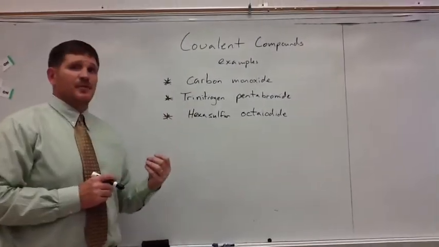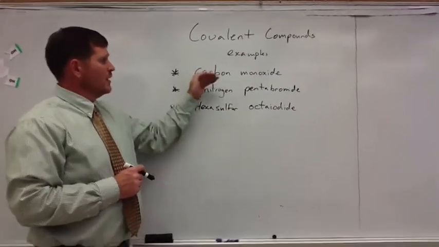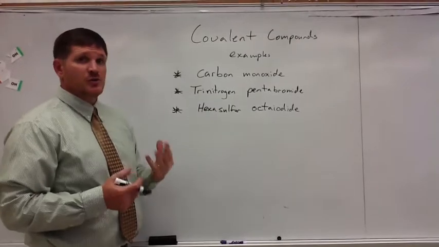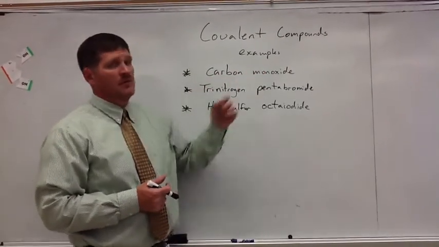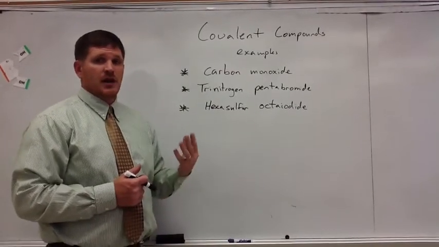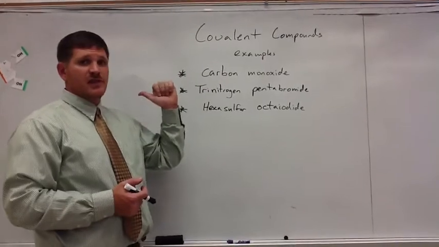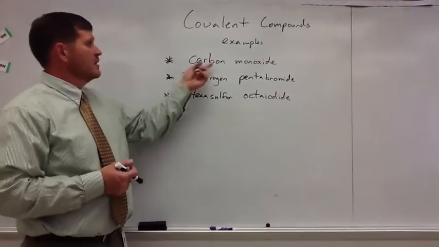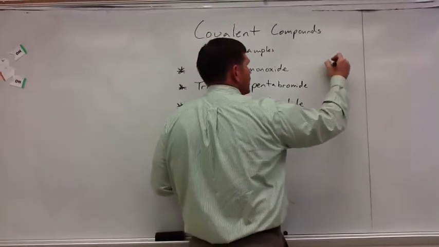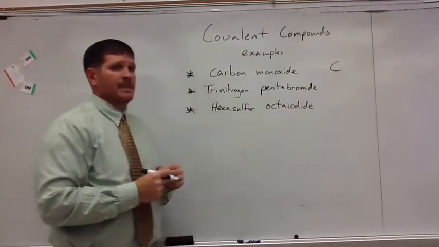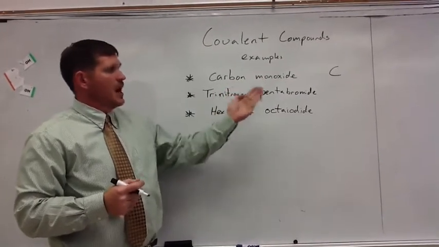So here are our examples for our names, and we're getting ready to go over to our formula. So let's go one at a time and figure out, using our rules, what these things are. Okay, carbon monoxide. My first rule is to write the one most like a metal. Carbon is closer to the left side, so that's why it goes first. So I'm going to write my symbol for that. The symbol for carbon is C. Then I'm going to write my symbol for the next one, monoxide.